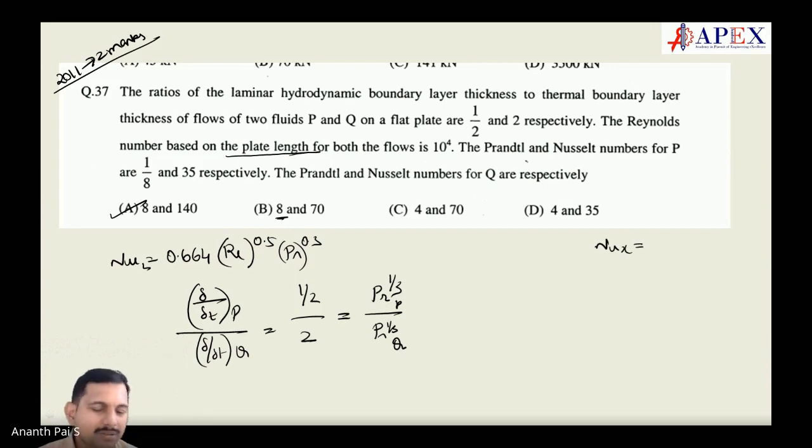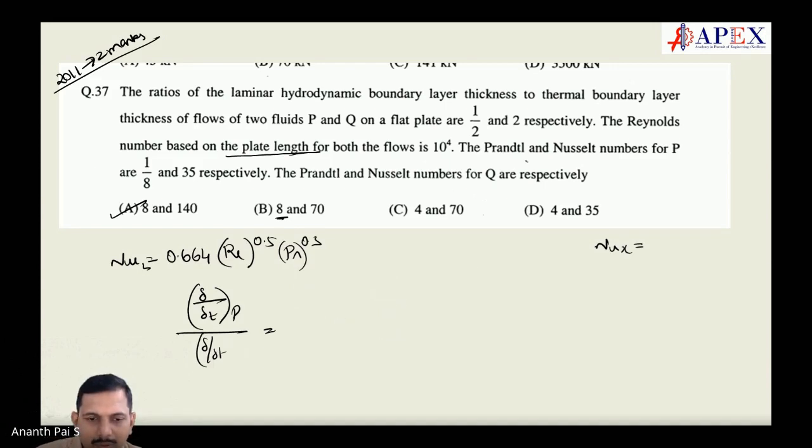Yeah, Prandtl number is equal. So Prandtl number of Q is equal to the ratio. So Prandtl number of Q is equal to, you get delta by delta T for Q is equal to 2.